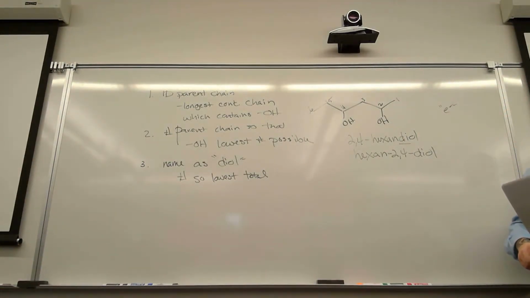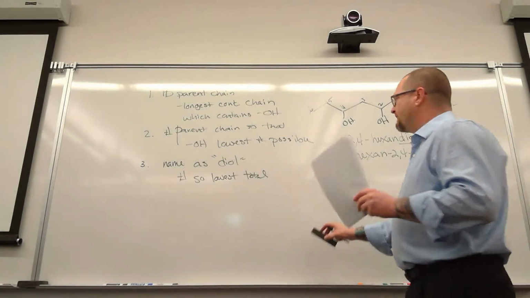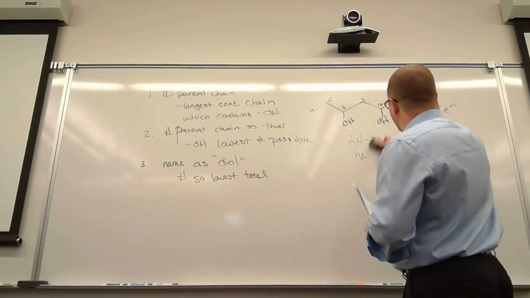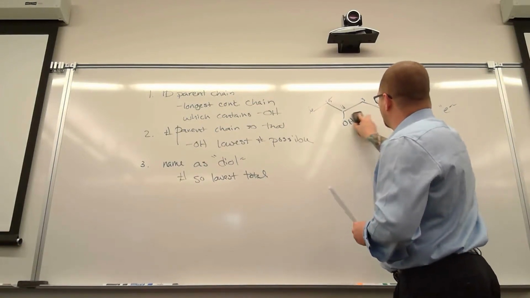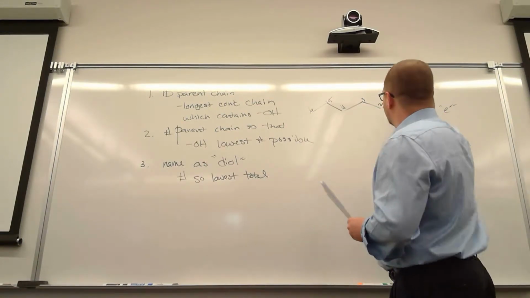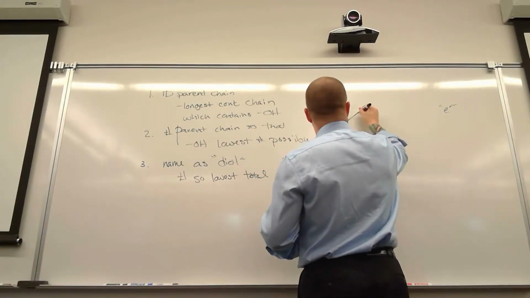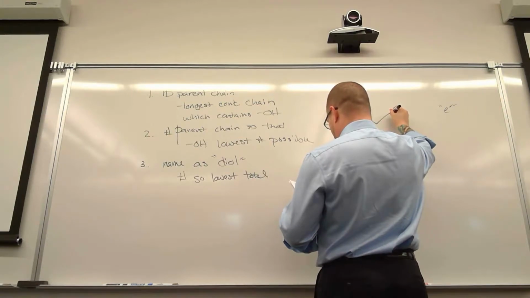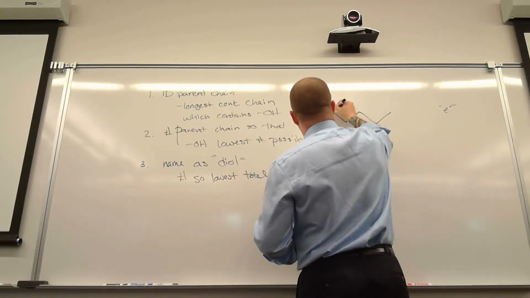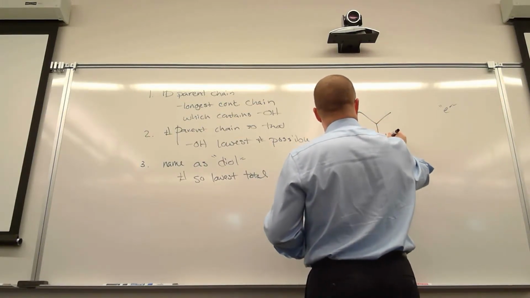So let's see here. Something that throws people occasionally is that functional groups get prioritization in the numbering scheme over substituents. So let's say we have 2, 3, 4 here, hydroxyl here.